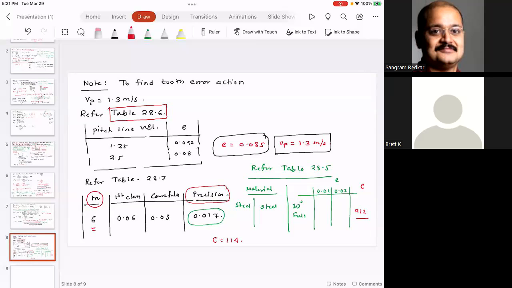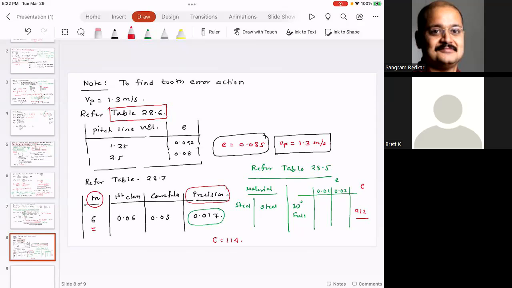This point is very important because in the next step, whether the gear design is going to be safe or unsafe depends upon how you choose the value of C at this stage. So let me just repeat. In design, you have multiple ways of finding multiple factors. Now, there is no right or wrong approach.